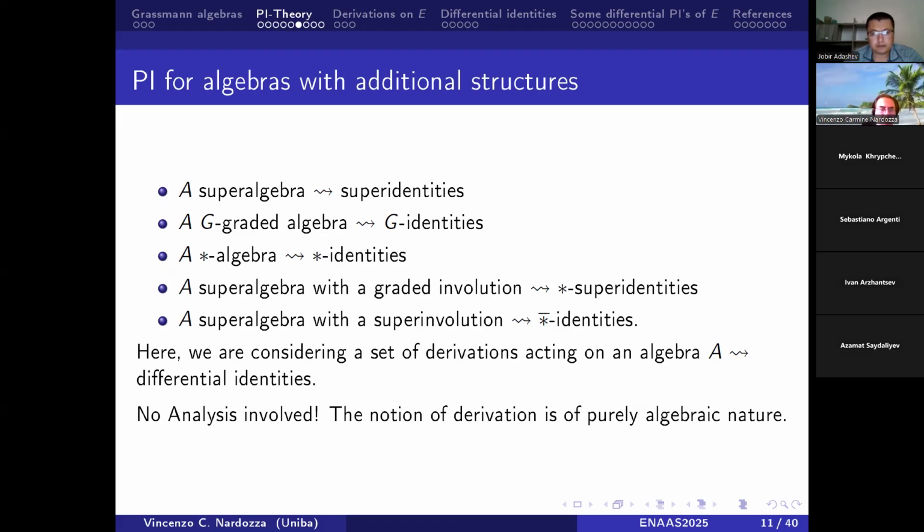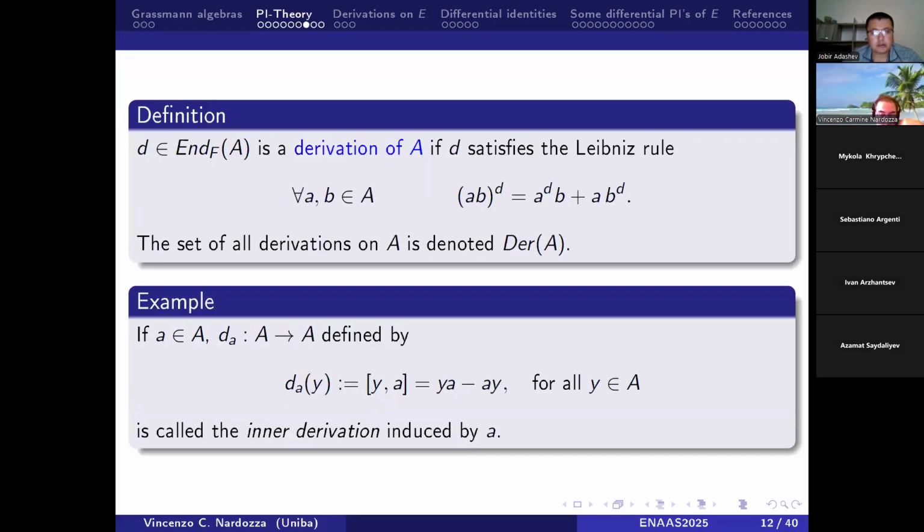The same for algebras with involutions and so on. Here we are considering a set of derivations acting on an algebra A, and this gives rise to the notion of differential identities. The word differential may be alarming, but no analysis is involved in this notion, because in fact the notion of derivation in an algebra is a purely algebraic one. This fact was recognized.